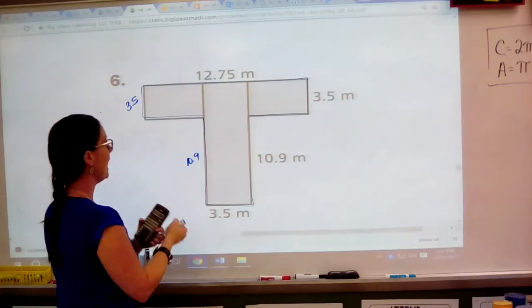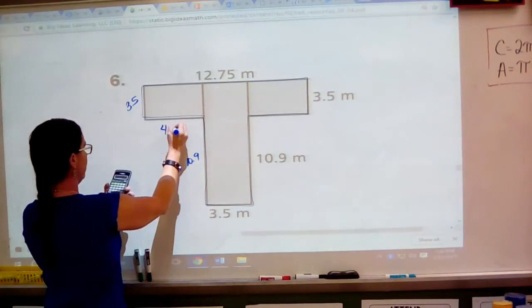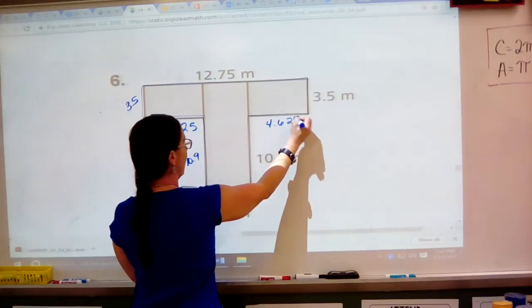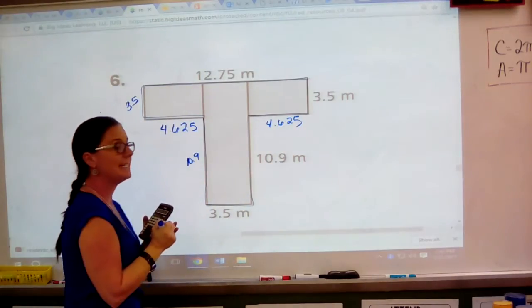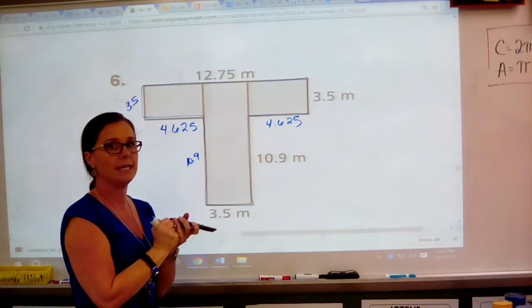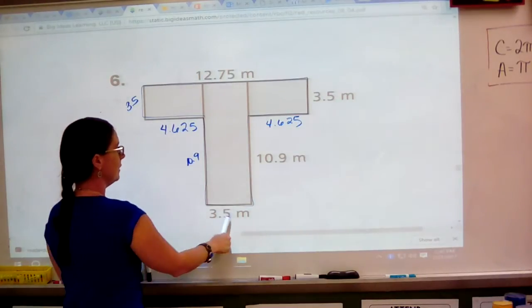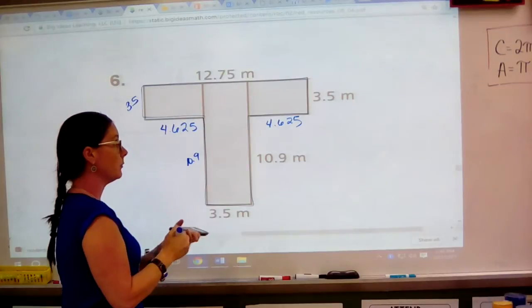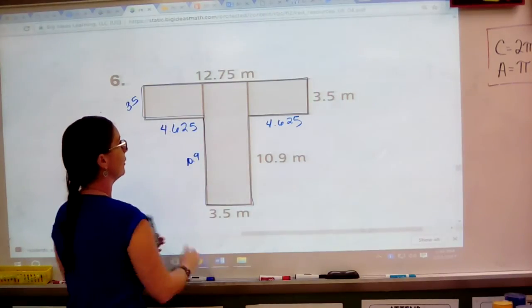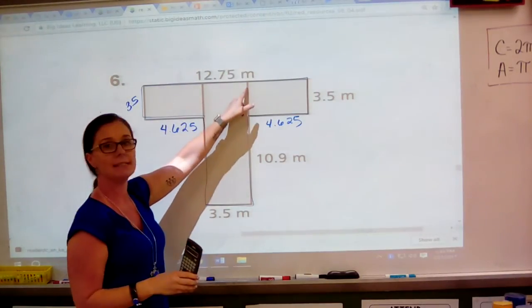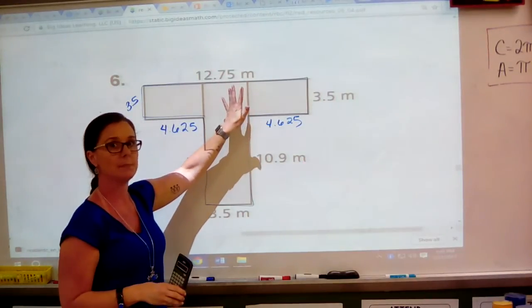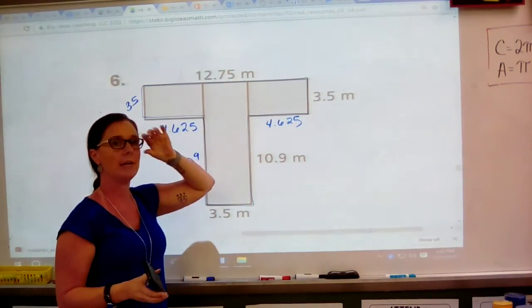So I'm going to divide that in half, which is going to give me 4.625 again. I want to just verify that I've identified all of the sides of my composite figure before I add them up. So I do have my lengths of all of my sides. So this would be the amount of fence I would need. I didn't include these lines inside of here because I'm only fencing the perimeter of my horse pasture, or the perimeter of my composite figure.